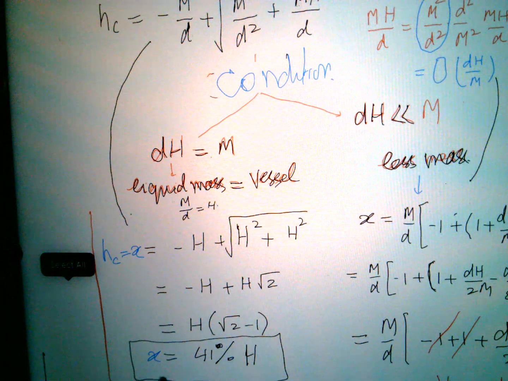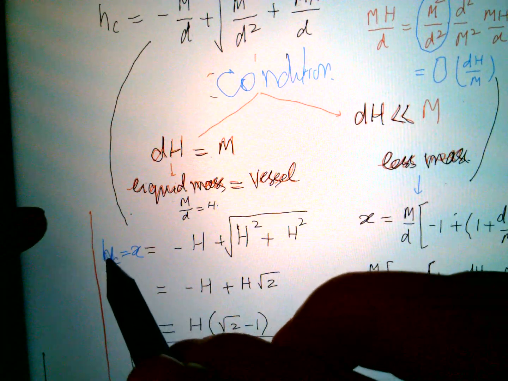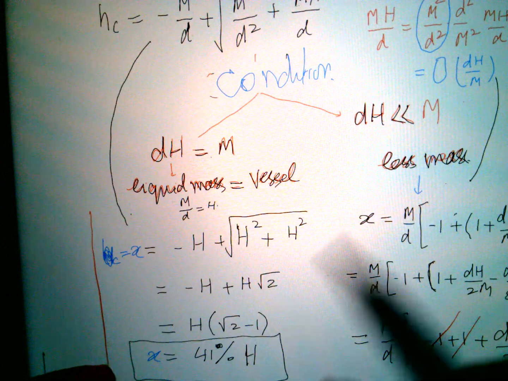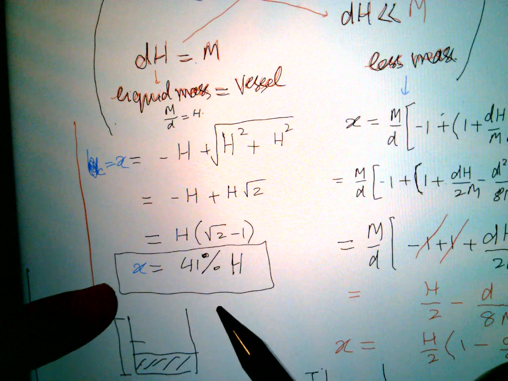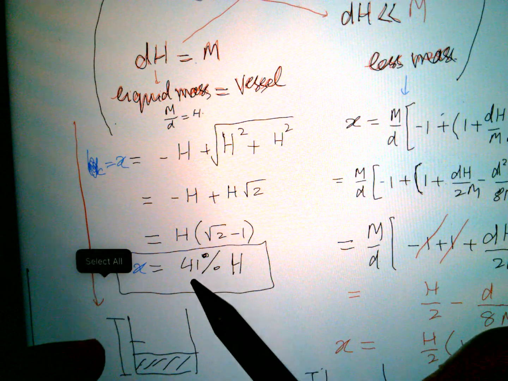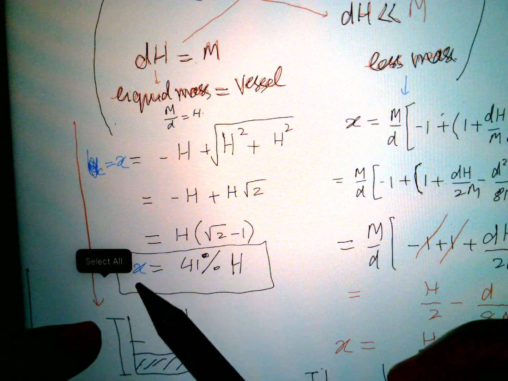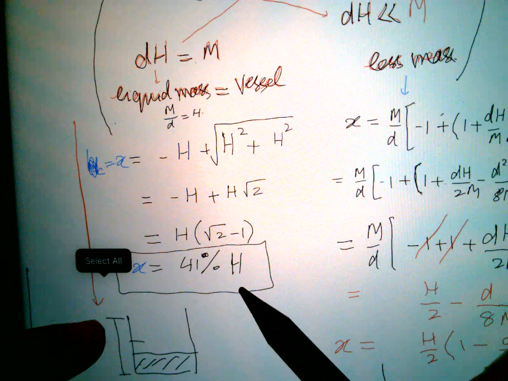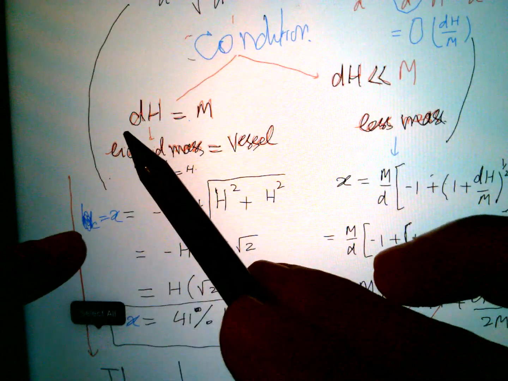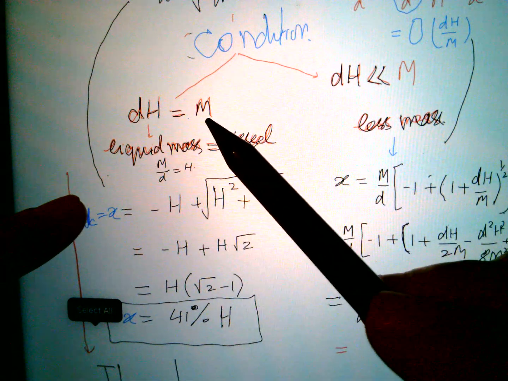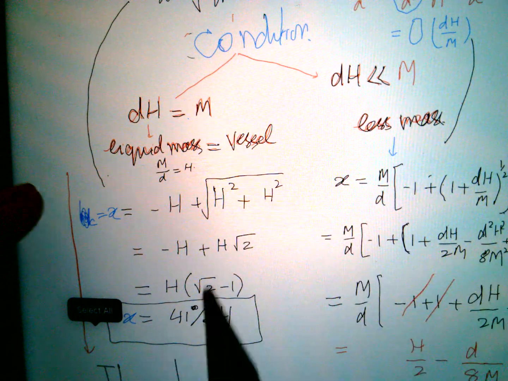So the value of x for which the center of gravity will be the minimum is 41%. X should be 41% of the height of the vessel, if the density multiplied by the height is equal to the vessel mass.